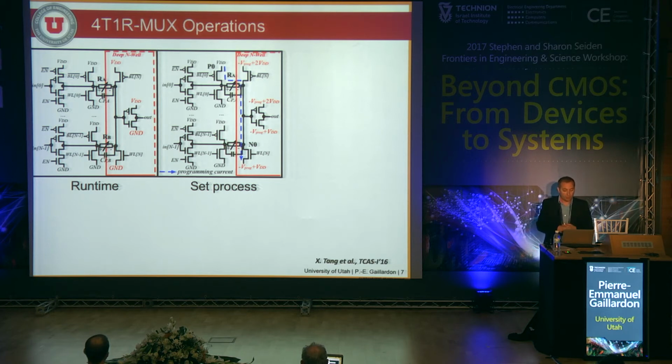And here's an interesting thing we can achieve with our multi-well structure: by simply lowering the potential on the N-doped well, so on the right part, we will be able to actually double the potential drop we'll see across our resistive RAM with regard to the nominal voltage of our transistors.